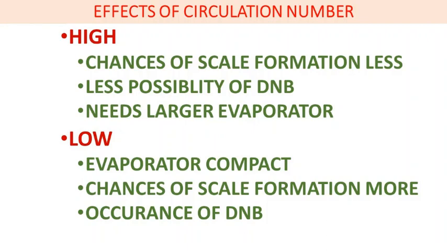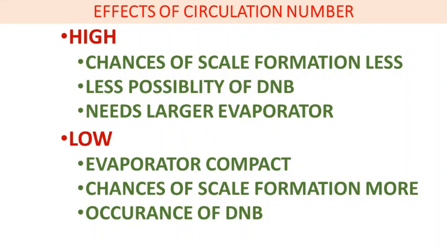It implies that the heat transfer area is large compared to what is required to attain the critical heat flux regime. So naturally there is less scope of departure from nucleate boiling.